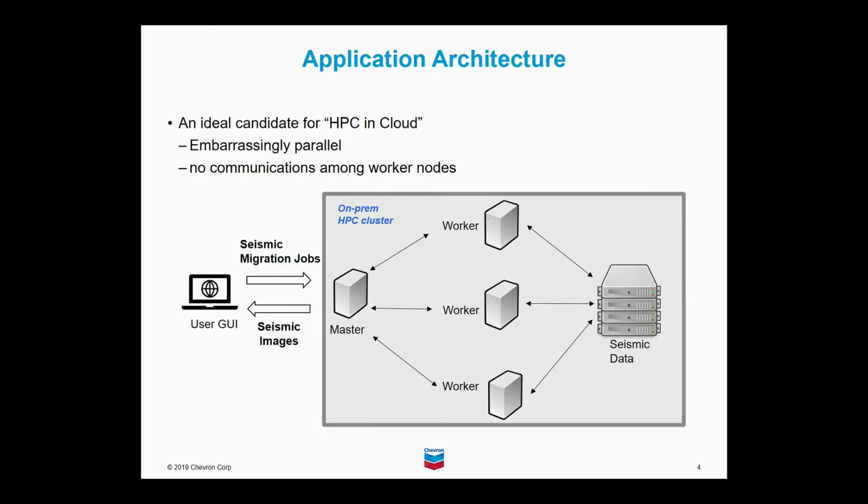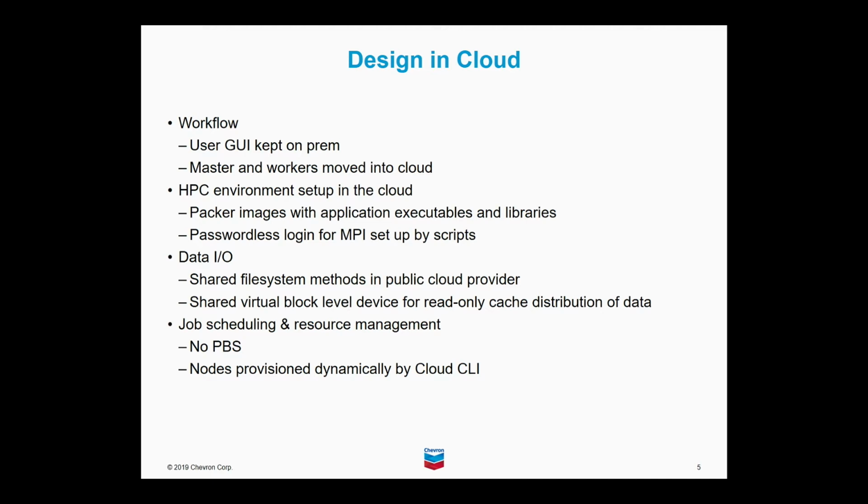It's a block level device which can be mounted by a large number of virtual machine instances, and all the instances have access to the same copy of the data. That worked very well for our application because all the workers only read the seismic data and don't write into it. So this is one application specific decision.